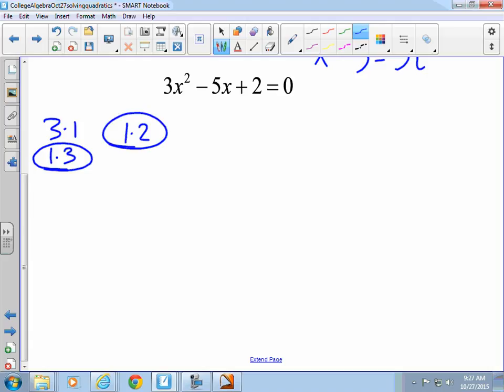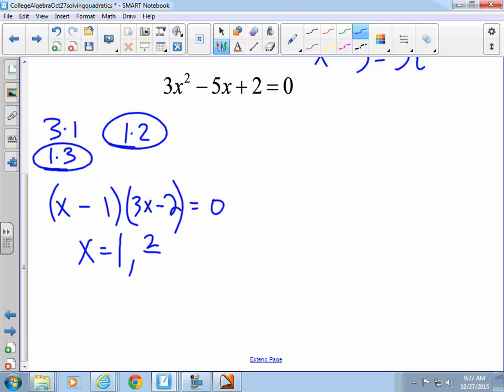And so I get x and 3x, 1 and 2, both subtraction. So x is 1, and this one might take me a little work. Add the 2 over, divide by 3. 1 and 2/3. So that is how you would solve that by factoring.